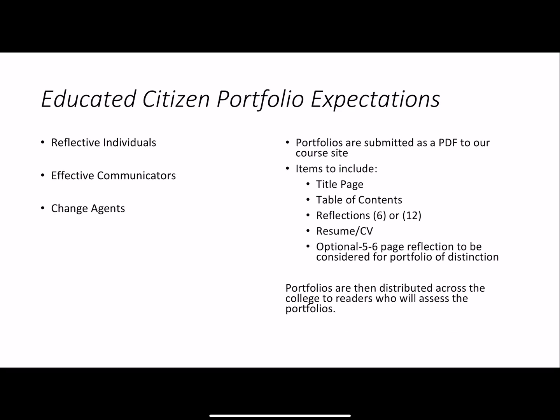This is an optional critical reflection paper. If you choose to go after this optional requirement and you submit a portfolio with a solid critical reflection, then on graduation day, you will be announced as your name and then portfolio of distinction.